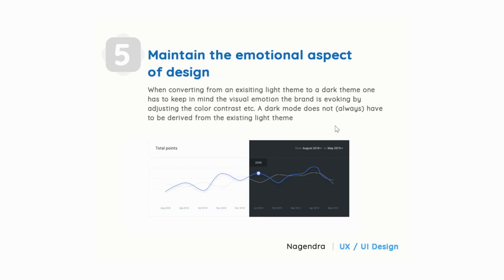When we are designing for light mode and dark mode, we should maintain the user's emotions. Sometimes it happens that when designing for light mode and dark mode, the user's emotion is not maintained. Letting the system decide when to use the dark theme can lead to poor UX.